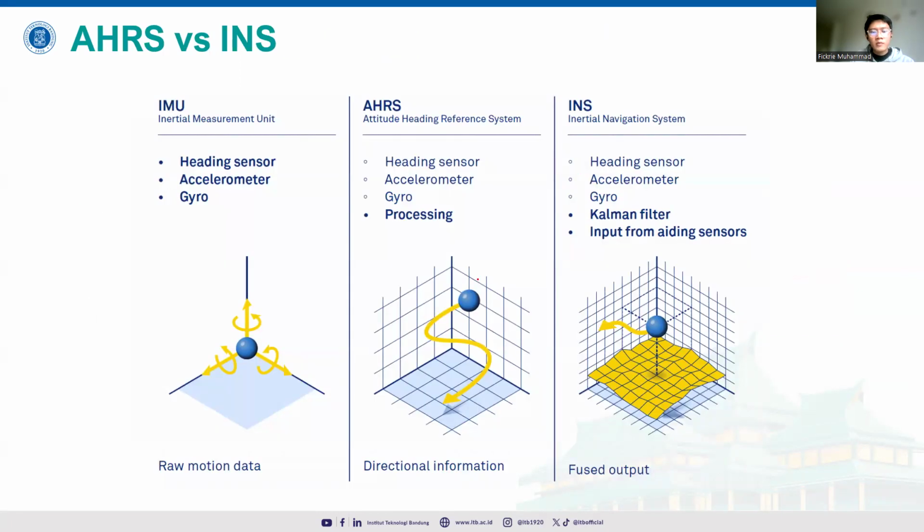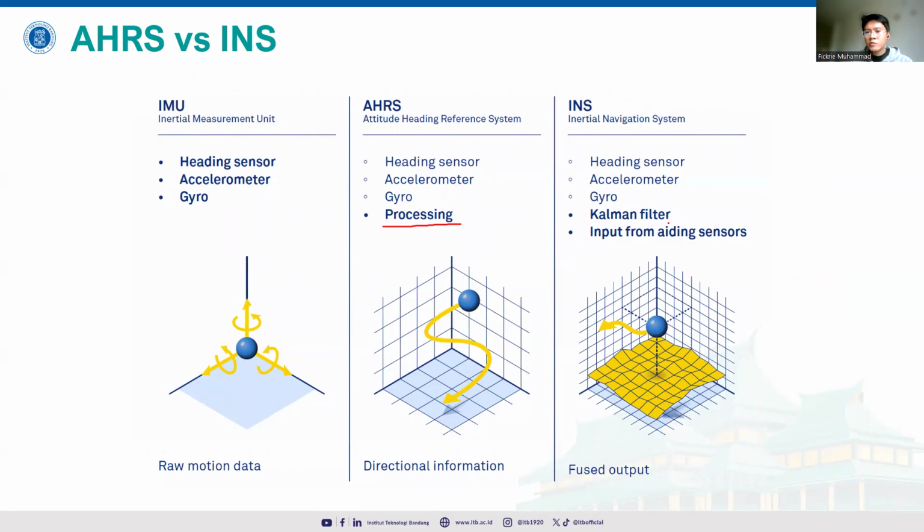So, a brief overview about our system, AHRS versus INS. The IMU can have heading sensors like magnetometers, but the most common ones are accelerometers and the gyroscope. In AHRS, we have an additional onboard processing system, so it basically measures the course of movement of the vehicle along the trajectory.